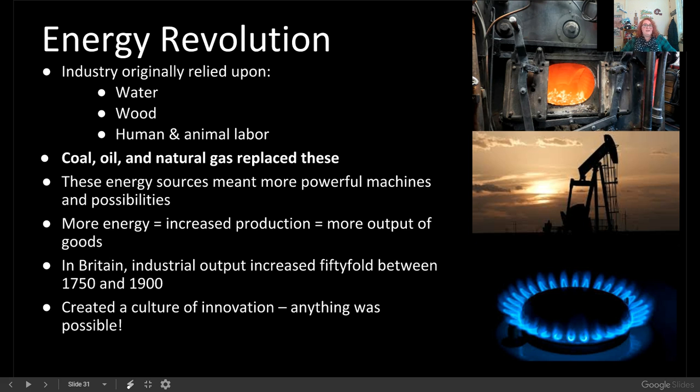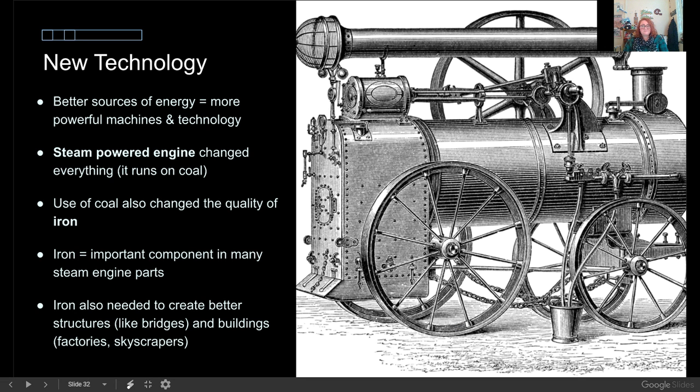Plastic is made from byproducts of refining crude oil down to that substance that we put in cars and lawnmowers and use for just about everything. So the new technology not only gave us better sources of energy, it also gave us more powerful machines. And one of those machines was the steam powered engine.